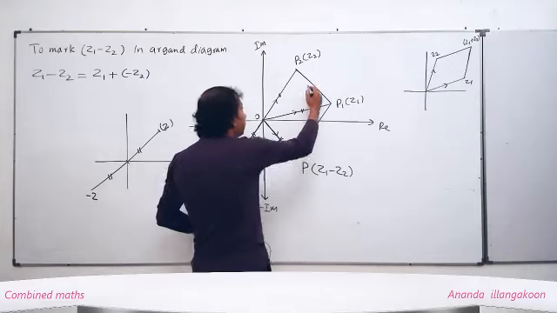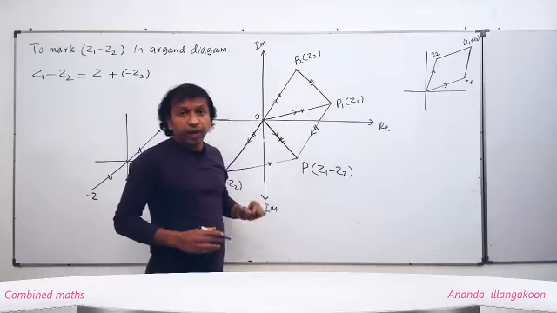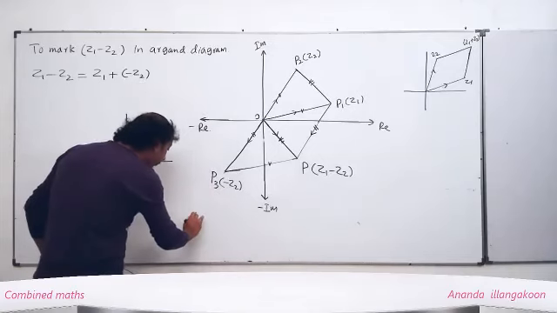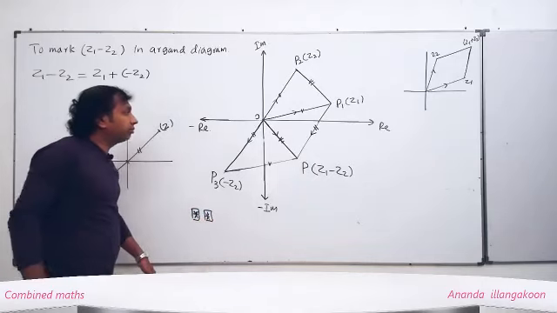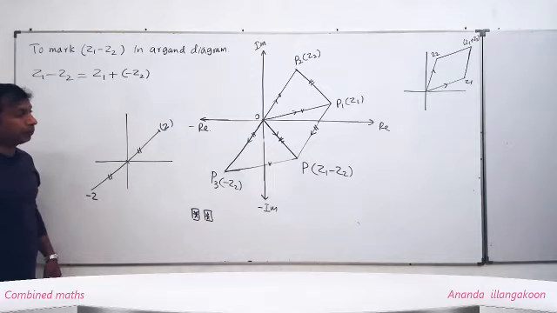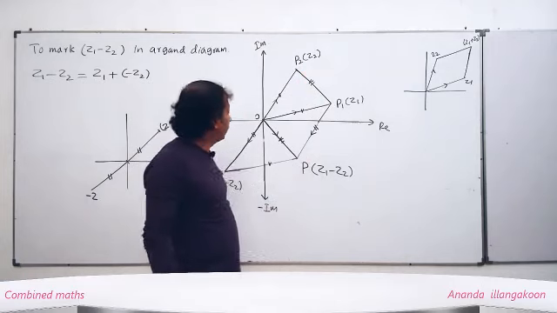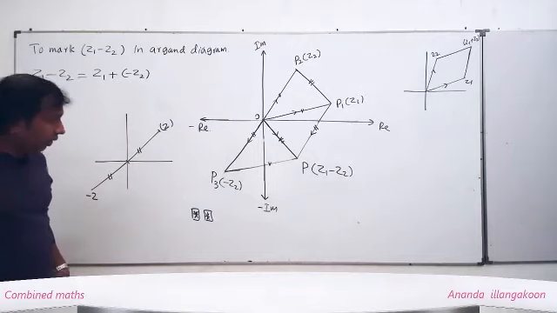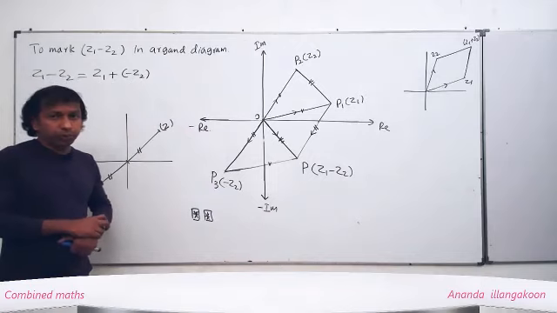If I take this notation here to denote that, putting a star mark, then in the diagram, OPP1P2 is a parallelogram.